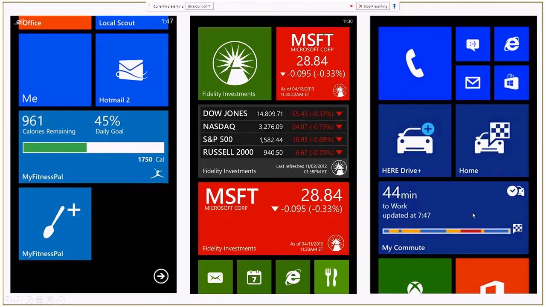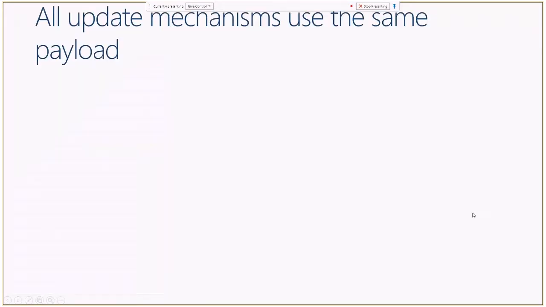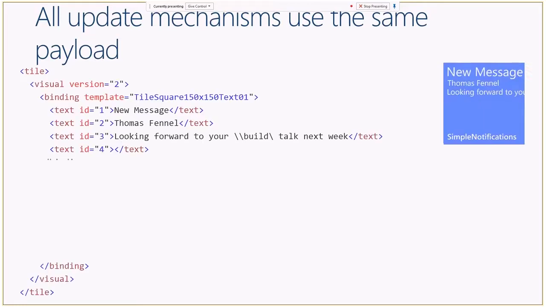The trick behind this is pretty simple. You just create a picture that has the right rendering you expect, and you display it in your tile, and that will do the trick. Pretty simple, right?